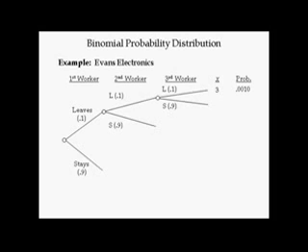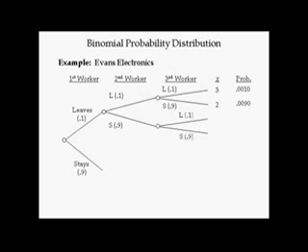This is the same number we computed on the previous slide using the binomial probability distribution function. If the first 2 workers leave, but the third one stays, x equals 2. The probability of leave, leave and stay equals 0.1 times 0.1 times 0.9, which equals 0.009.